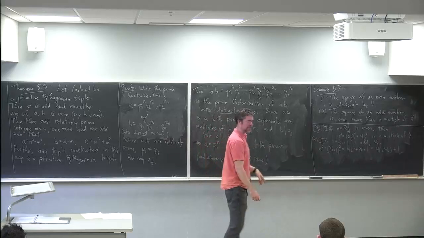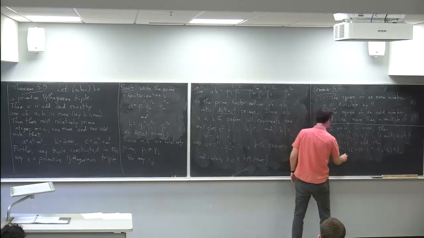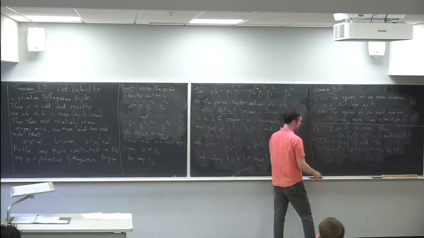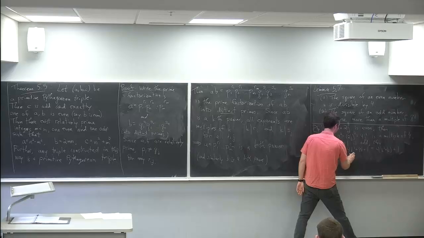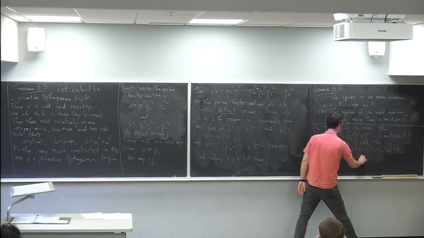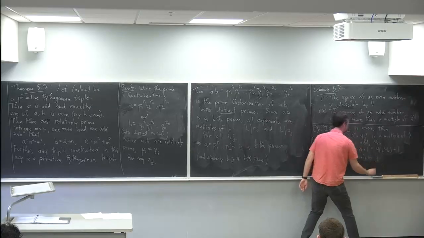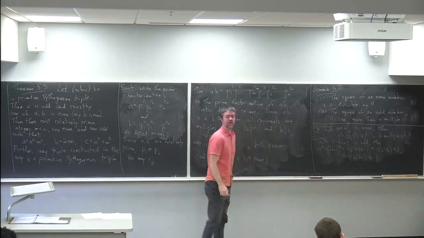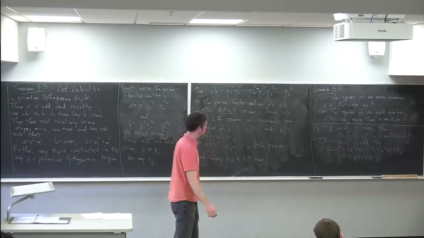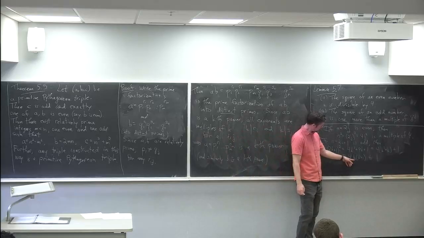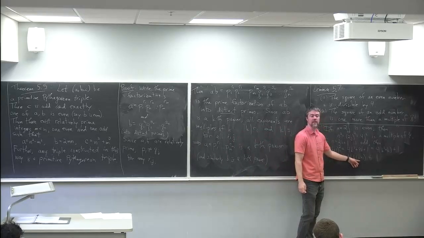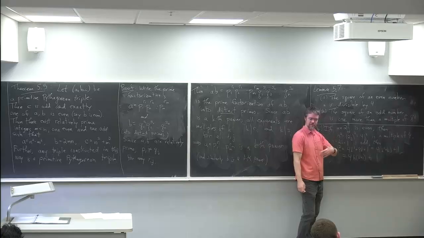So let me show you where it comes from. You can do a little bit better here. When you factor this, you can write it as 4 times k times k plus 1, and then plus 1. Here's the slightly clever observation: these two factors, k and k plus 1, are consecutive integers, one after the other.